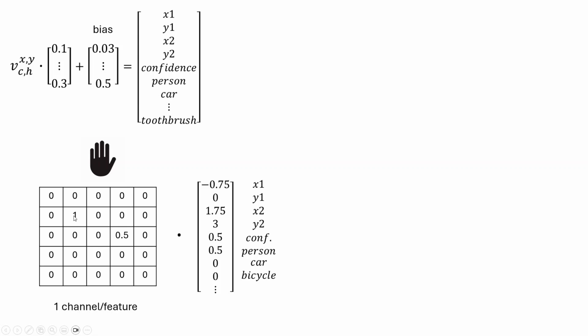So if we've got a 1, the x1 is going to be -0.7, the y1 is 0, the y2 is 3, the confidence level is 0.5, and if it sees hands, it thinks it's probably a person. Well, that's not a strange assumption. Basically this vector belongs to this type of feature. For each different feature, we need a different type of vector.